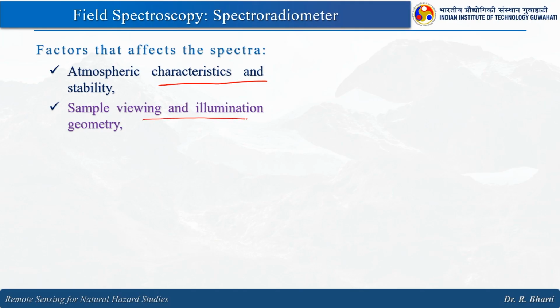Sampling, viewing and illumination geometry. How you are looking at the ground with your spectroradiometer, whether it is nadir or off nadir, and how you are going to utilize this information, whether you are going to upscale it to satellite scale. If a satellite has a 5 degree off nadir measurement, then you should also have a 5 degree off nadir measurement at the field level.